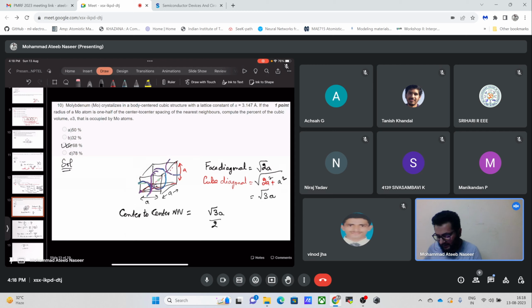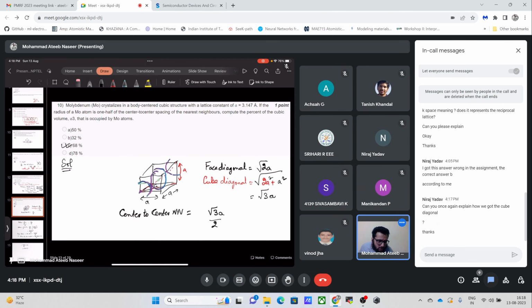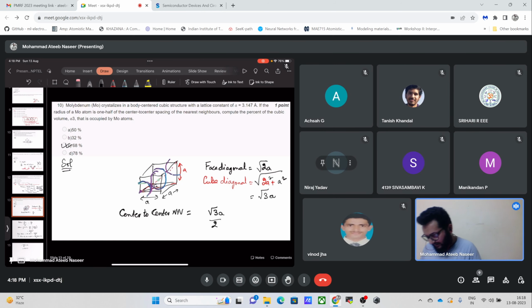Now, as Neeraj said, how we should be getting this. Okay, can you explain once again how we got the cube diagonal? Okay, so let me draw it again. Let's say this is some cube, and let me use another color. This is the spacing between these two atoms, that is the lattice spacing, or the corner to corner distance is a.